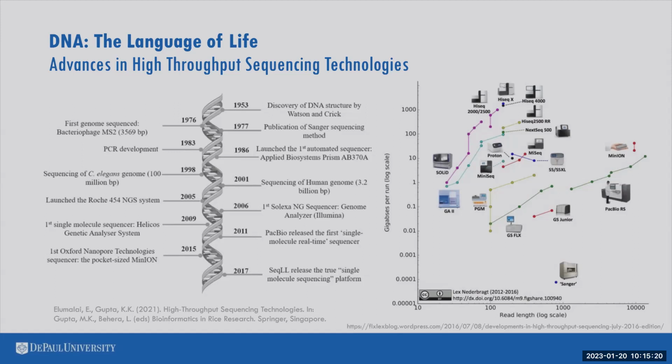Computationally, if you have longer reads, it's easier to work with, rather than having millions of short reads, which becomes computationally challenging to do alignment or even put them together into a consensus reference sequence, right?